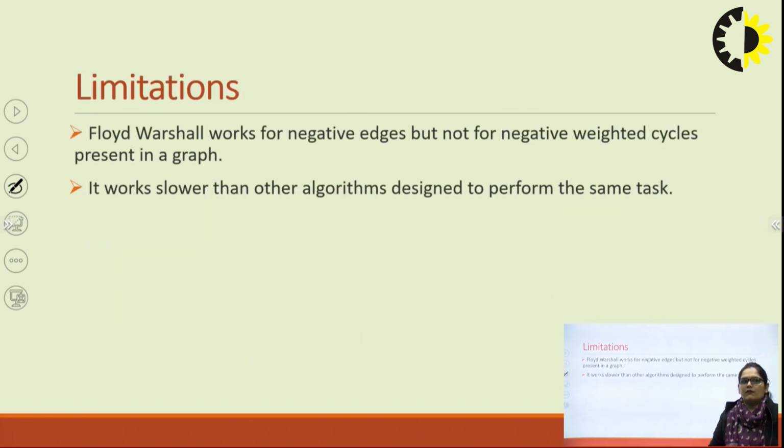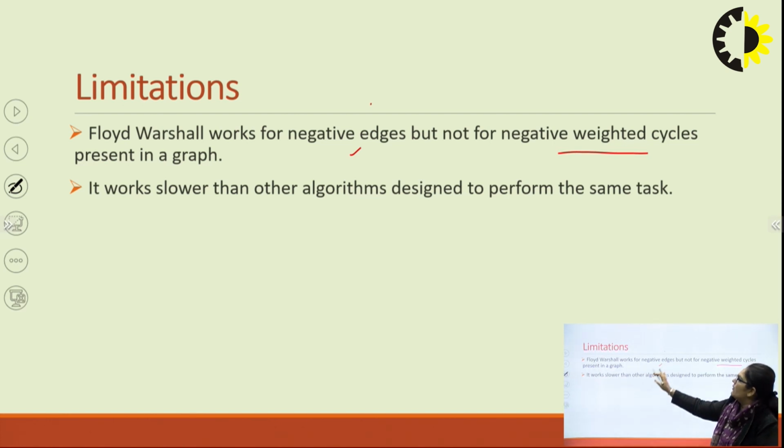Now, what will be the limitation or weakness of the Floyd-Warshall algorithm? As we have already discussed, the Floyd-Warshall algorithm doesn't work for negative weighted cycles if they are present in your graph. It can work for negative edges, which is a limitation of Dijkstra, as Dijkstra cannot work if there are negative edges present in your graph.